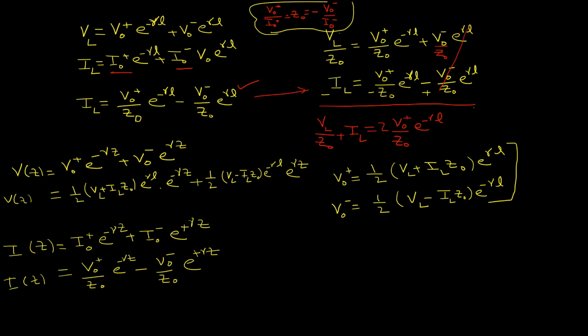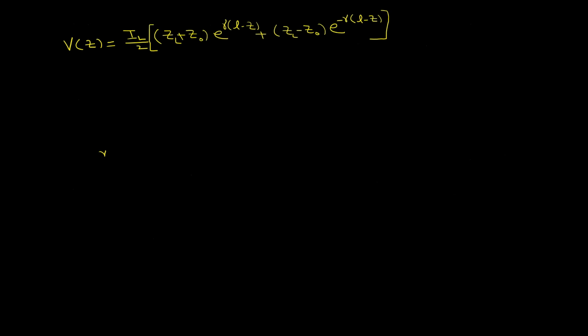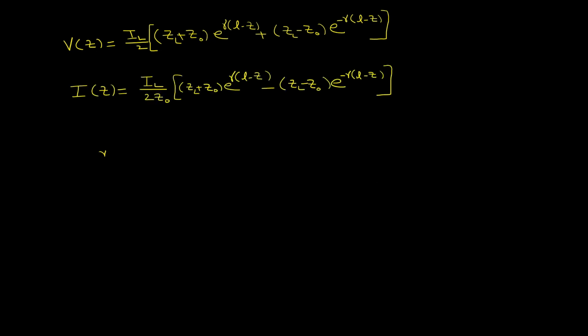After putting in and solving these values, you'll get Vz is equal to IL divided by 2, ZL plus Z naught e raised power gamma L minus z, plus ZL minus Z naught e raised power minus gamma L minus z. Similarly, you can write it for Iz after solving that equation, putting the values of V naught plus and V naught minus.